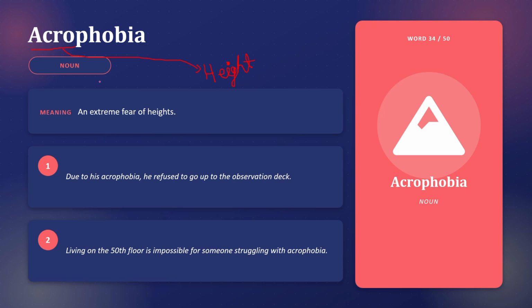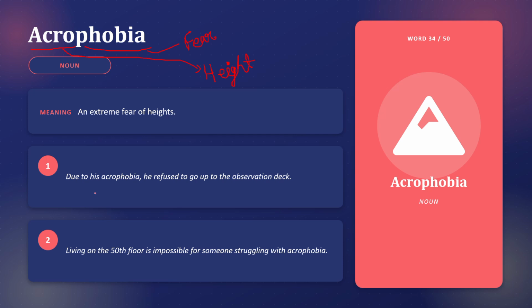Acro means height, and next, phobia. Phobia means fear. Phobia means fear and acro means height. It means fear of heights. You can see the meaning: an extreme fear of heights.